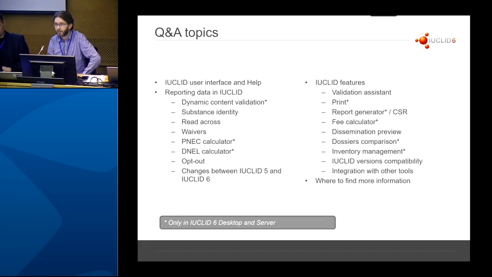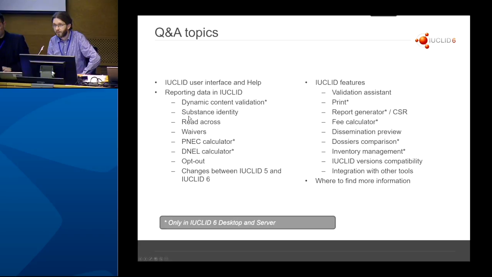For example, if you select a data waiver for an endpoint, then you will be prevented from entering results for the study because you are waiving the study. It means that you are not providing experimental data, but you are providing instead a justification why this information cannot be provided. So this is called dynamic content validation in Euclid.